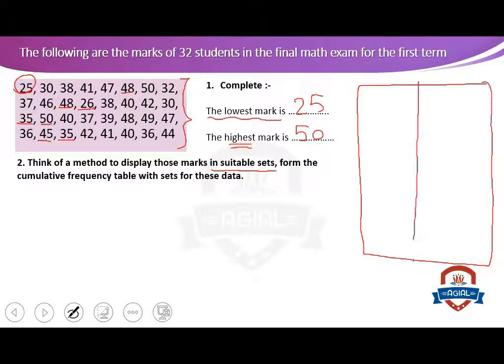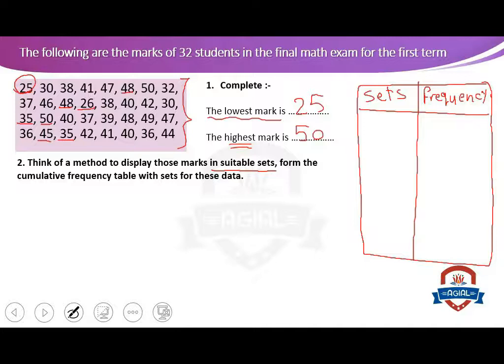One of them is for sets and the second is for the frequency. So the first column is for sets and the second one is for the frequency.